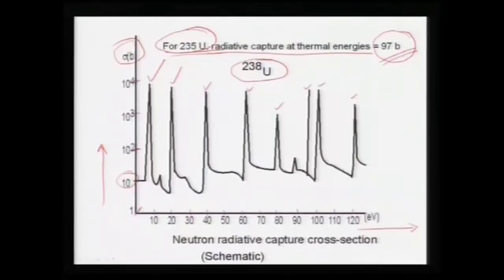97 barns is the cross section for absorption of neutrons in uranium 235 at thermal energies followed by gamma ray emission, not followed by fission, whereas the cross section for absorption of neutrons in uranium 235 at thermal energies followed by fission is about 600 barns, and both these cross sections decrease as you increase the neutron kinetic energy.